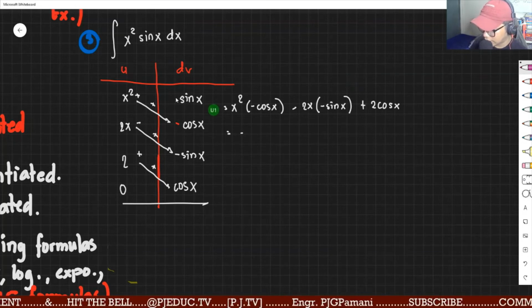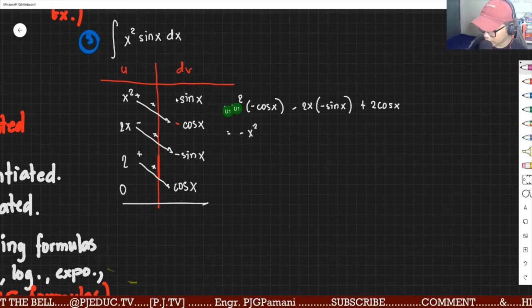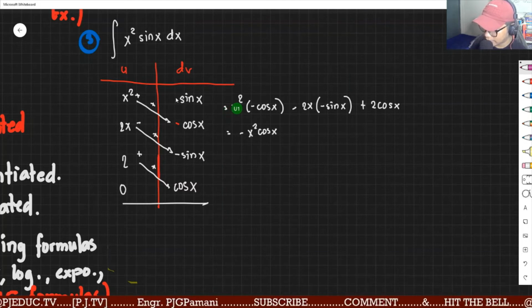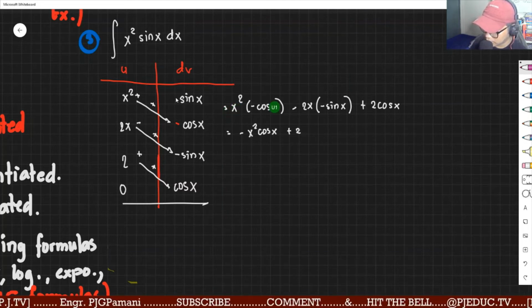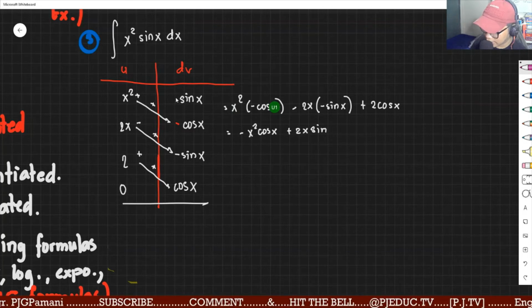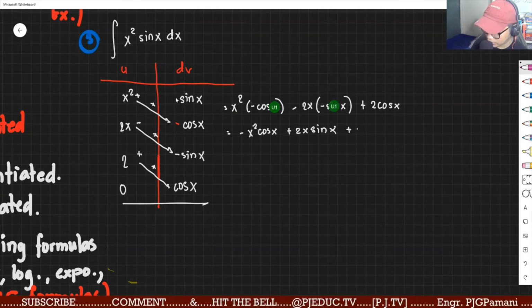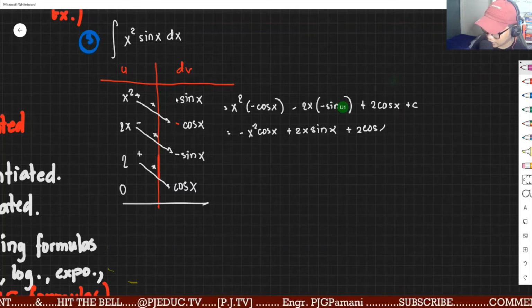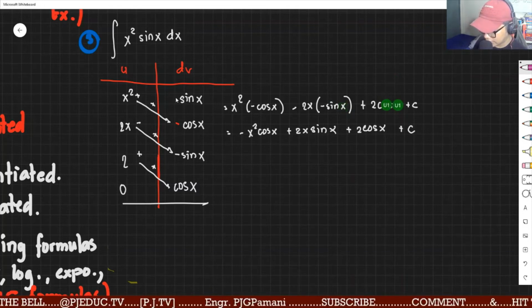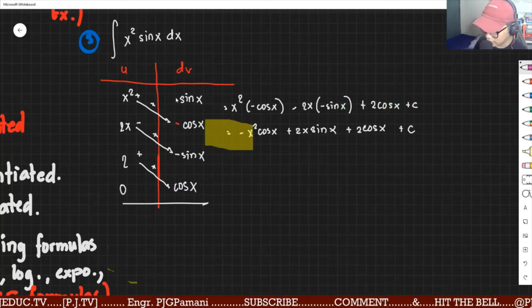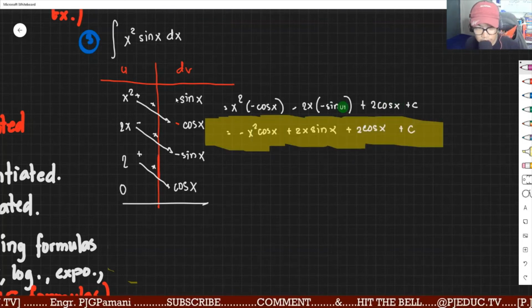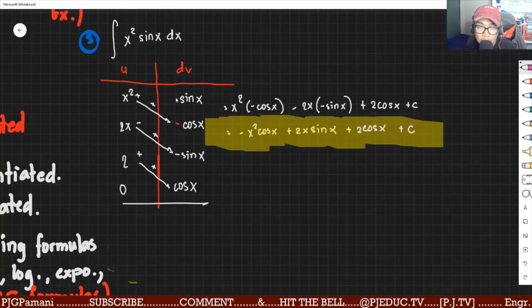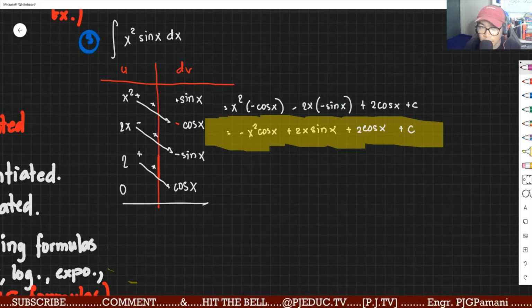That is now negative x squared cosine x plus 2x sine x plus 2 cosine x plus your integration constant. O, diba? Ang ikli. Kung nilong method mo yan, di isang page din yan.